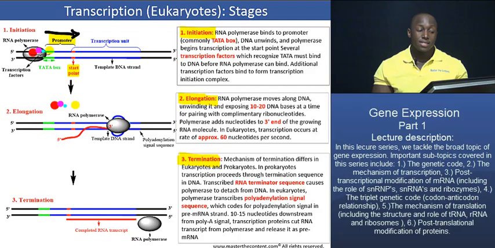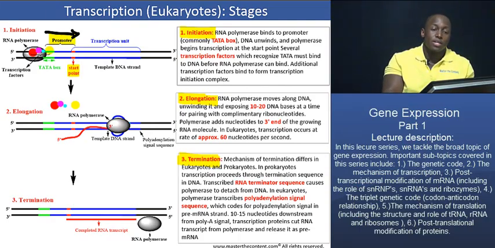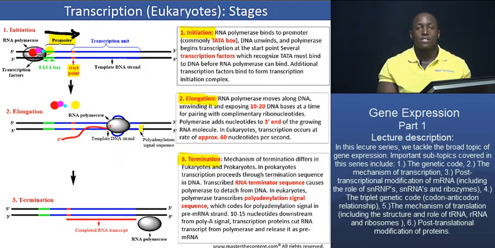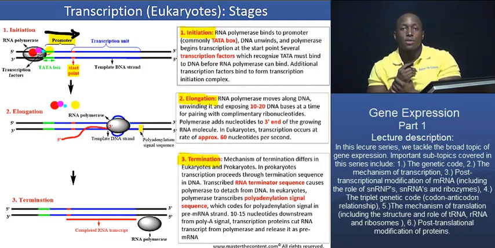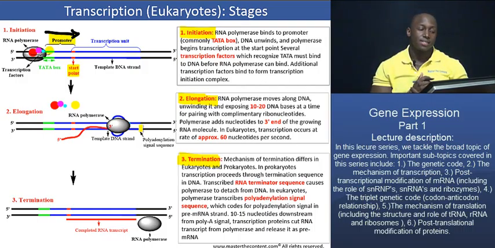Now, once this sequence has been transcribed by RNA polymerase, about 10 to 35 nucleotides downstream of that sequence, proteins that are associated with the growing RNA transcript will then cut it free from the polymerase and release it as what we call pre-mRNA. Why I'm calling it pre-mRNA is because in eukaryotic cells, mRNA has to go through additional processing before it's converted into mature mRNA that can actually be used in protein synthesis.